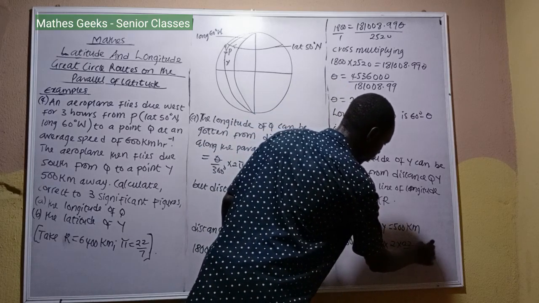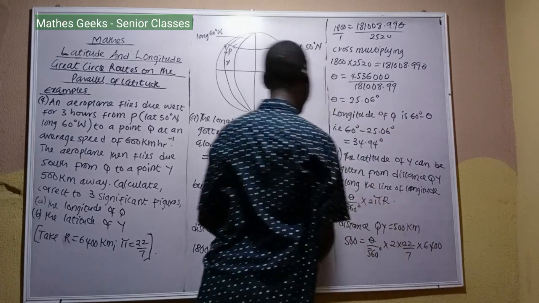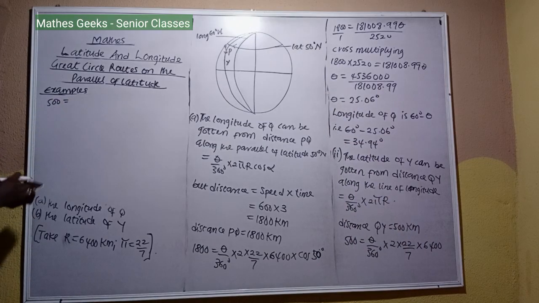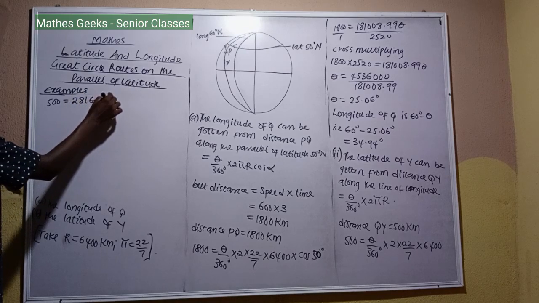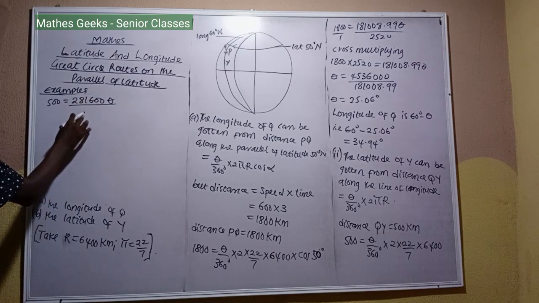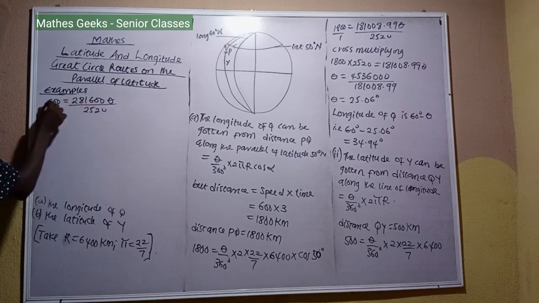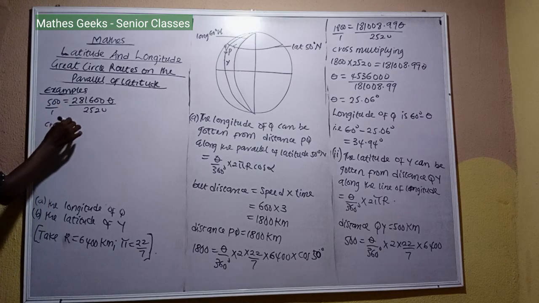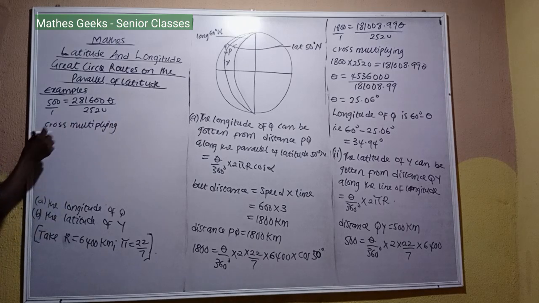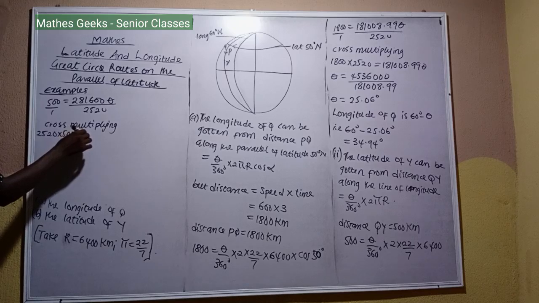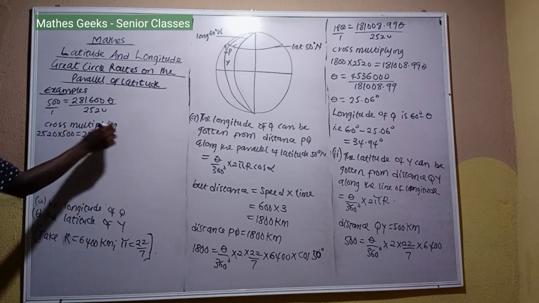2 times 22 over 7 times 6,400. So 500 is equal to 2 times 22 times 6,400 theta over 2520. Cross multiplying, 2520 times 500, which is 1,260,000, equals 281,600 theta.